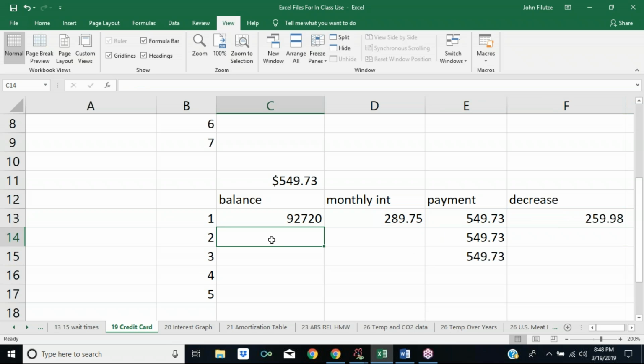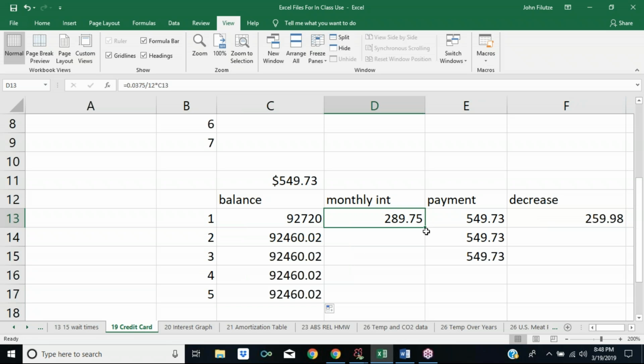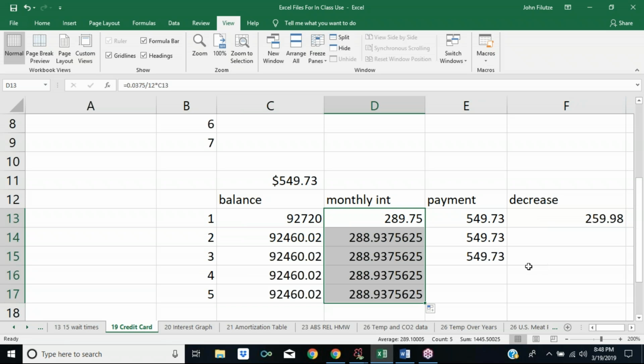And then the new balance is going to be equals the old balance minus the decrease. And then we can just copy these down.